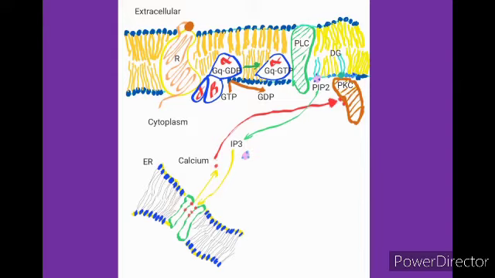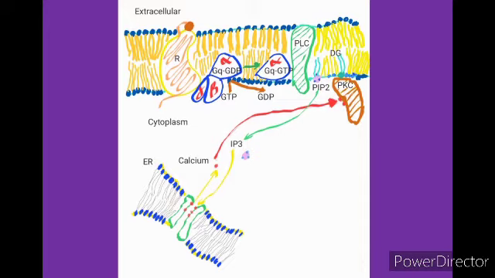Here, for simplicity, they just put it as R. It spans the membrane 7 times, heptahelical, everything very similar.